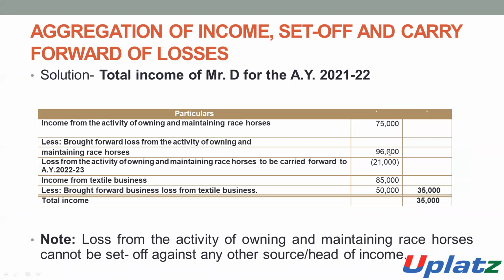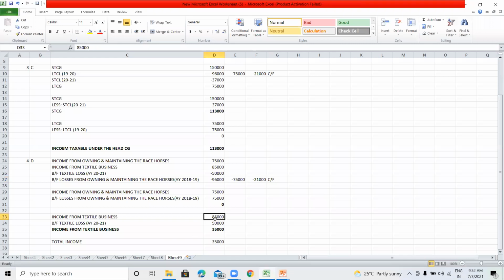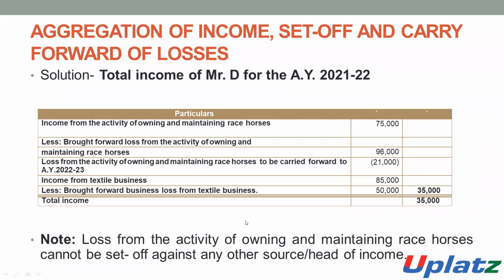Income from textile business 85,000 and adjusted brought forward loss 50,000 leaves 35,000, which is the total income that will be taxable.